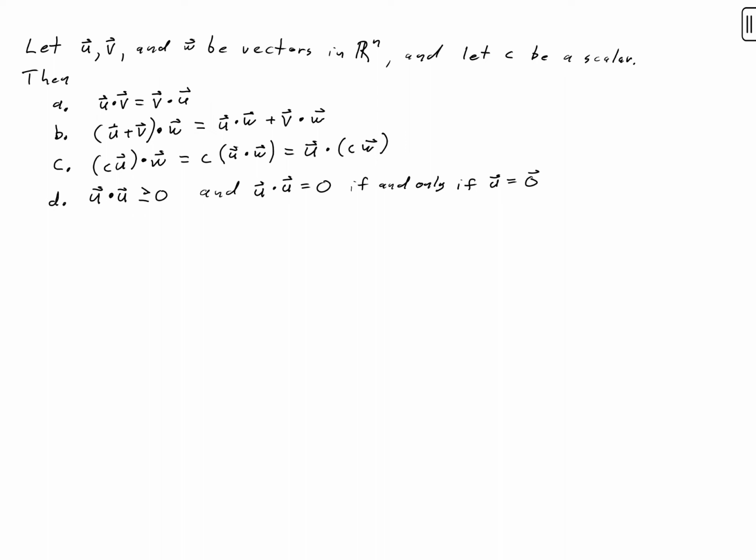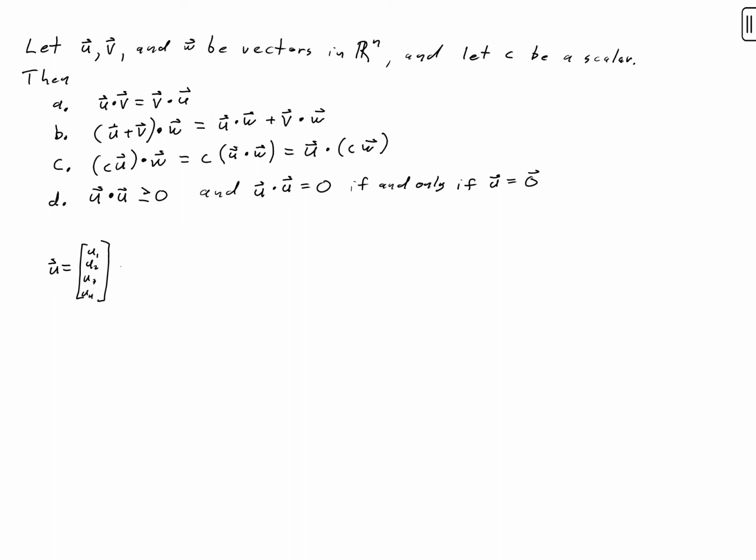So if I think about u dot u, let's do our example working in R4. So u is equal to u1, u2, u3, u4. If I look at u dot u, let me be more careful than this.